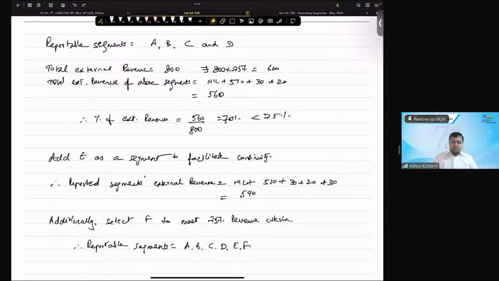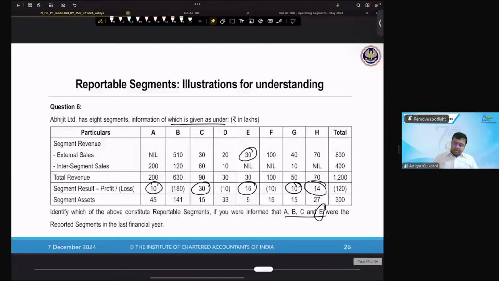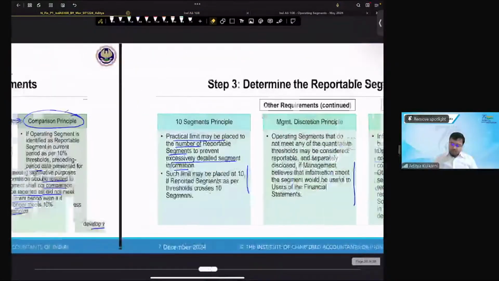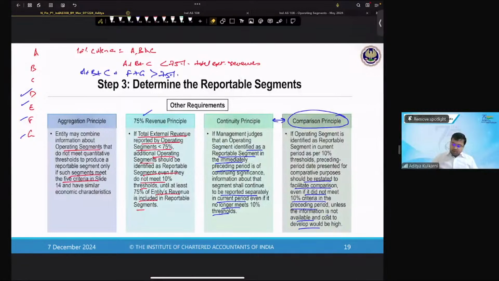In fact, if you look at the way the standards are worded, among other requirements, you can maintain the continuity provided what the wordings are: if management judges that an operating segment identified as a reportable segment is of continuing significance.